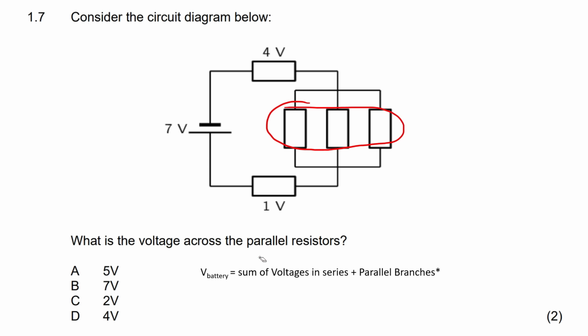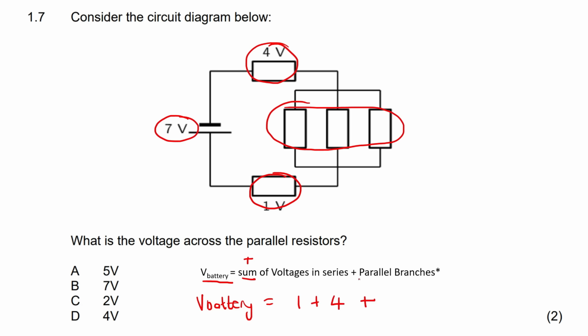So what we've learned is that the voltage of a battery, which is this part over here, is always going to be equal to the sum, which means plus, of all the voltages in series, which would be this one and this one. So what is the sum of those? Well, that's 1 plus 4, which is 5. So we can say that the voltage of the battery is 1 plus 4 plus the parallel branches.